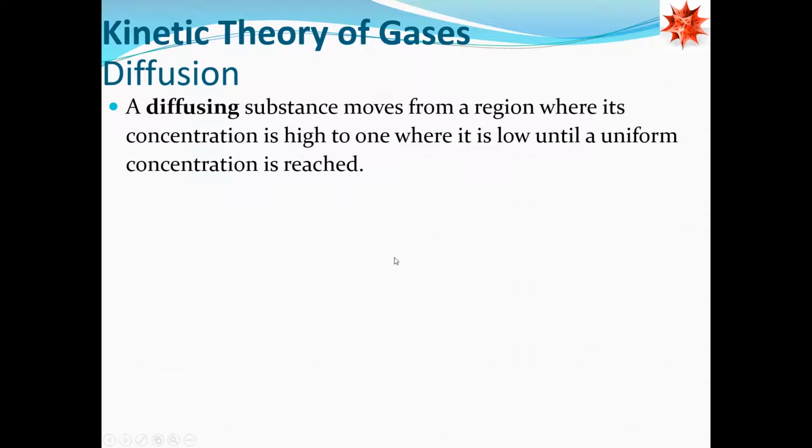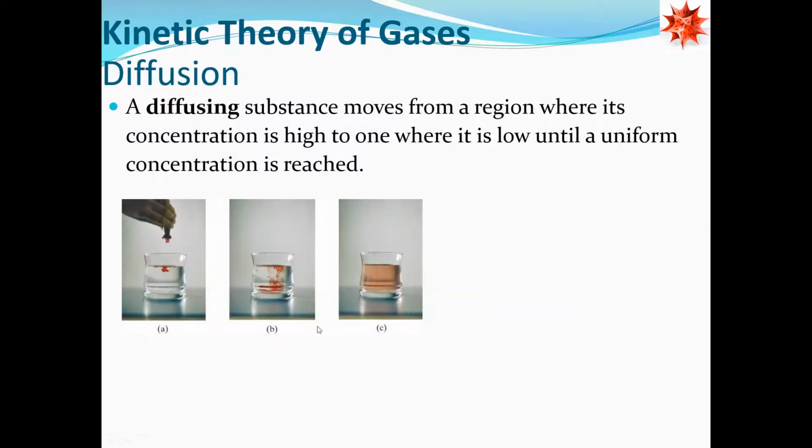Another thing that we can talk about, and how it relates to kinetic theory, is the concept of diffusion. Diffusion is the idea that if you have two substances and there's a difference in concentration, things will start to move from the high concentration to the low concentration until you get uniform concentration.